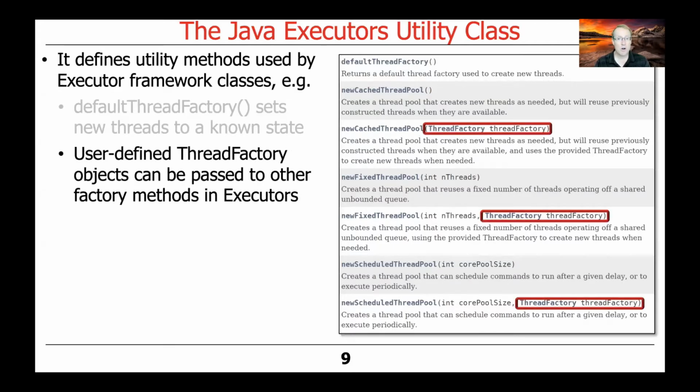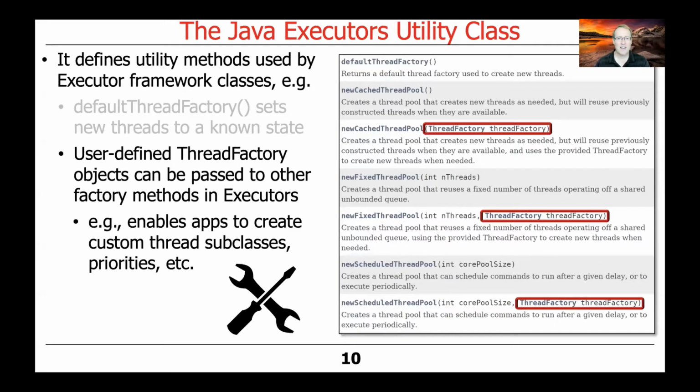You can also make your own thread factory by extending ThreadFactory and then providing an instance of that factory and passing that to other variants of newCachedThreadPool, newFixedThreadPool, newScheduledThreadPool and so on. In that case, if you pass in a user-defined or custom thread factory, that allows for customization of the threads that are created as part of the pool.